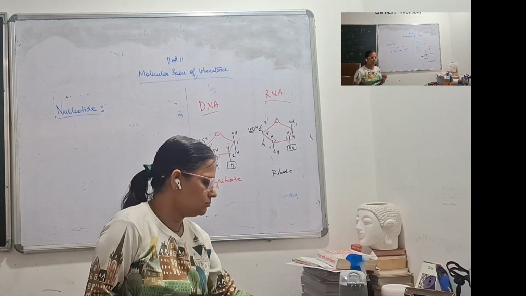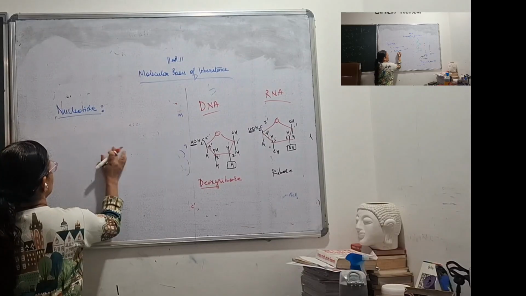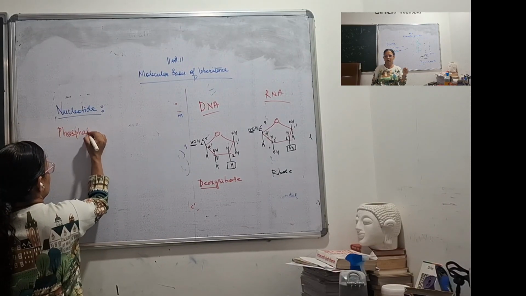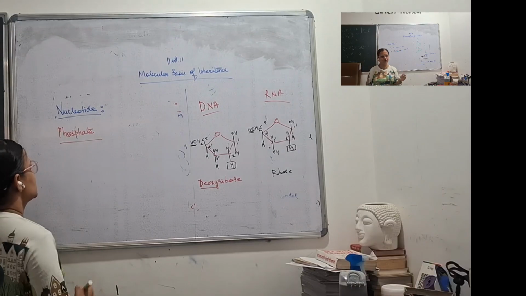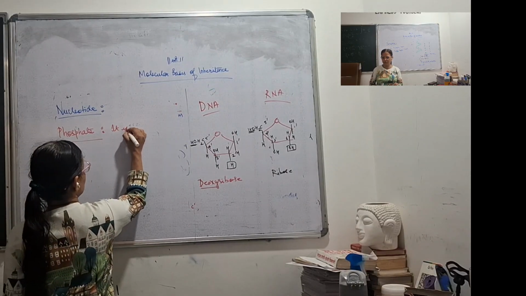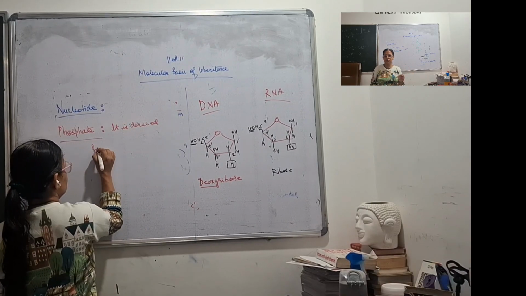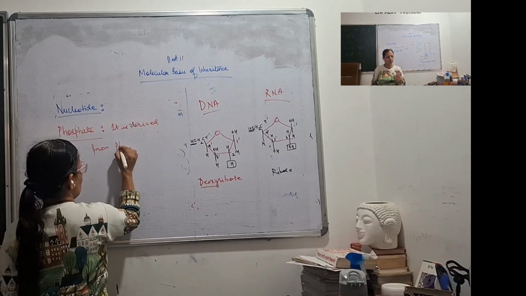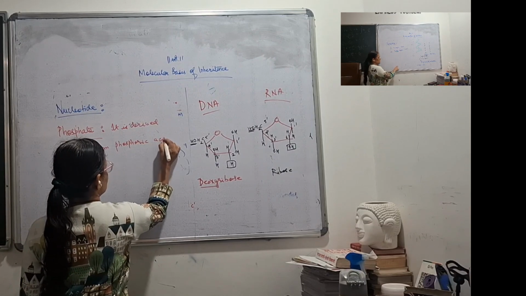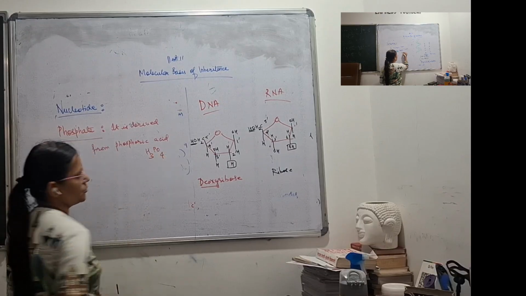So, let us see how the phosphate is derived in case of nucleotides. Now, phosphate is derived from phosphoric acid. Phosphoric acid meaning H3PO4.